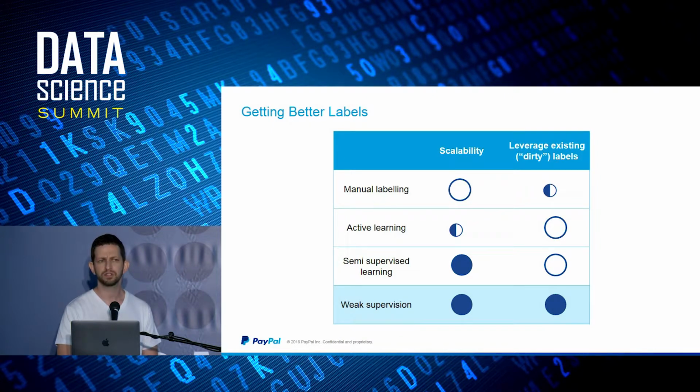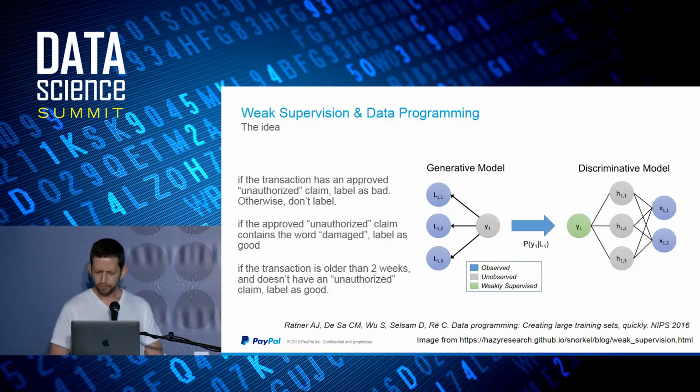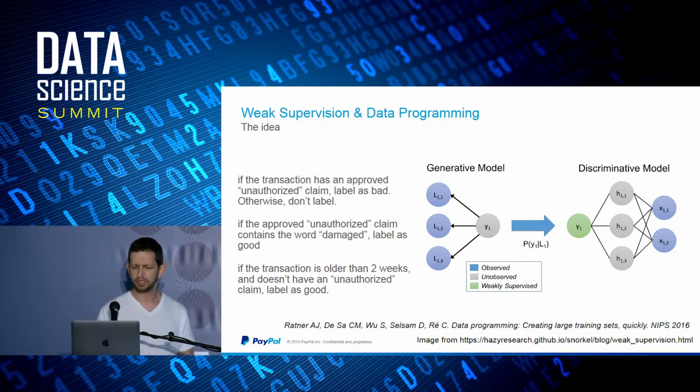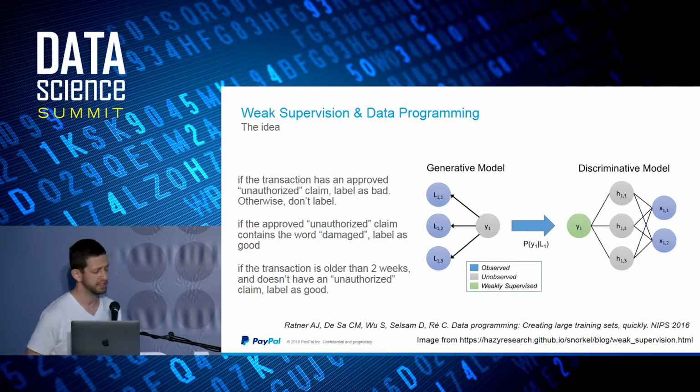So that led us to look harder, and we found this approach called weak supervision. Weak supervision, and specifically something called data programming, was introduced at NIPS two years ago by Professor Christopher Ré's lab at Stanford.